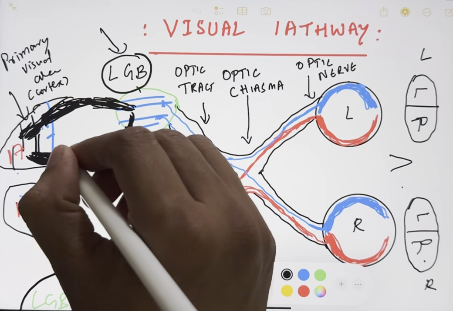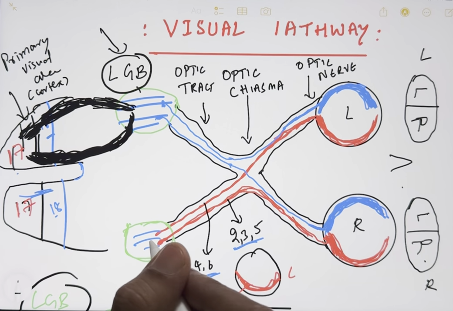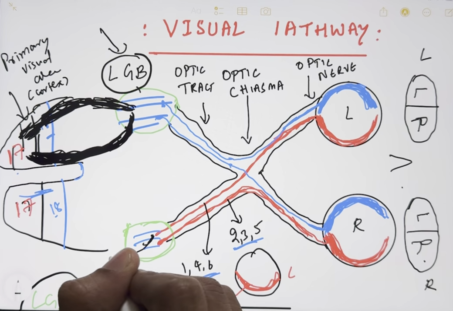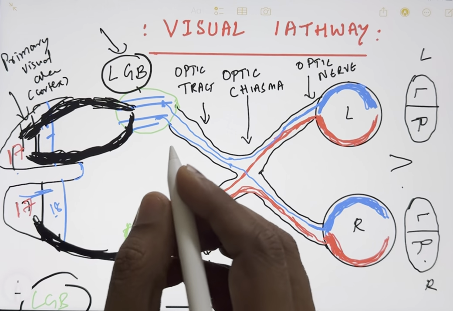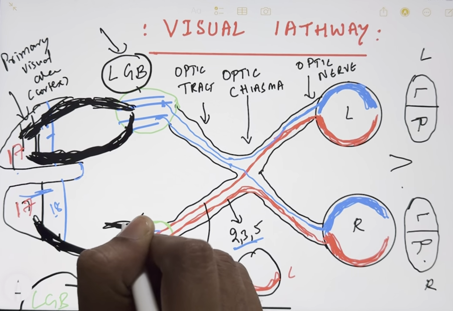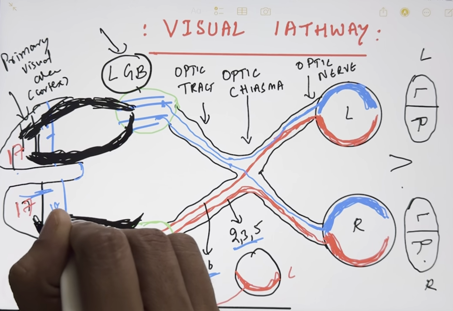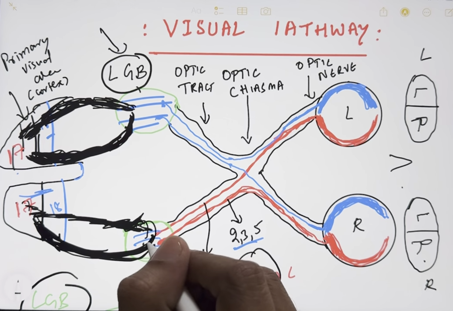Similarly, on the right side, some superior fibers pass through the parietal lobe and terminate here, and the inferior fibers form a loop here and terminate in the occipital cortex, area number 17.